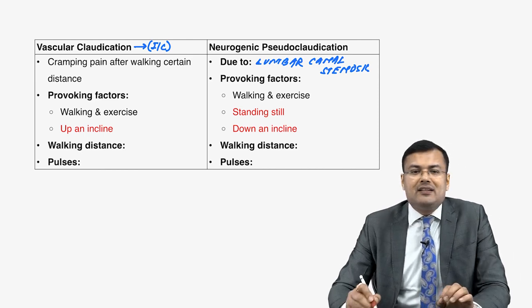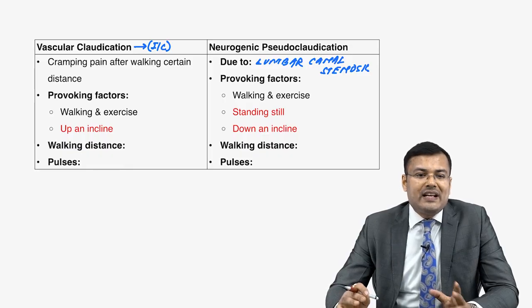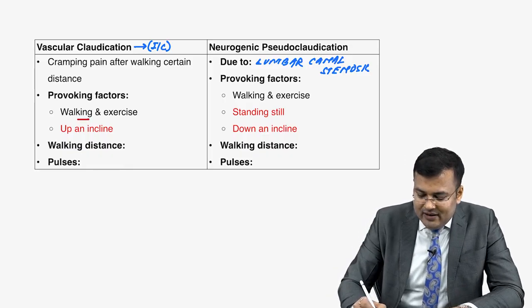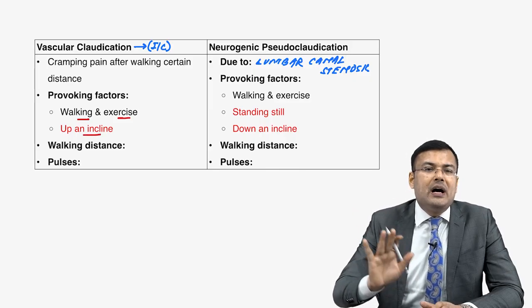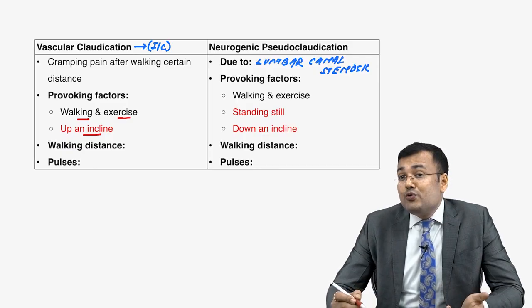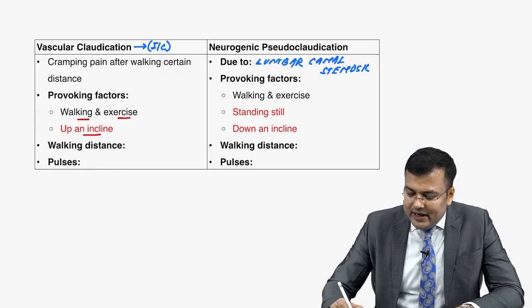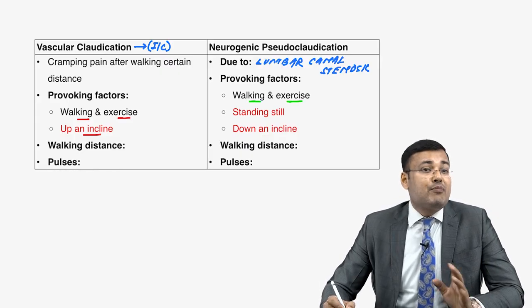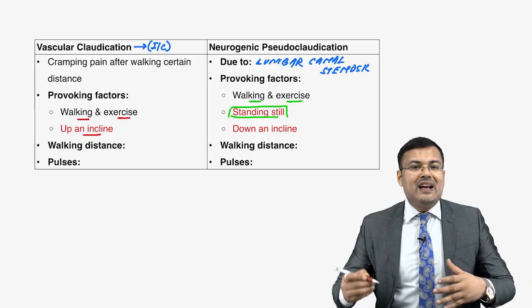What are the provoking factors for intermittent claudication? When your muscles are working or exercising: walking, exercise, going up an incline. But for neurogenic pseudo-claudication because of lumbar canal stenosis, again walking and exercise are provoking factors, but symptoms can be seen even if the patient is standing still.